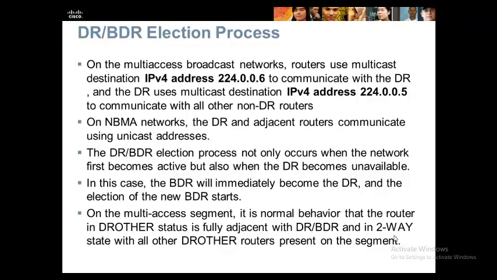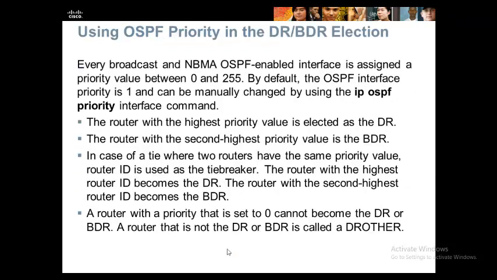Now we can set the priority to any number between 0 and 255. The default is 1. And if you wish to make a router a DR, you have to configure the priority on the interface right in the beginning.